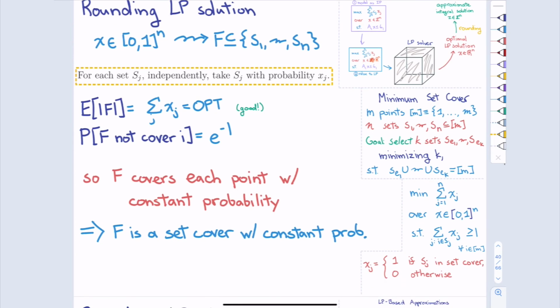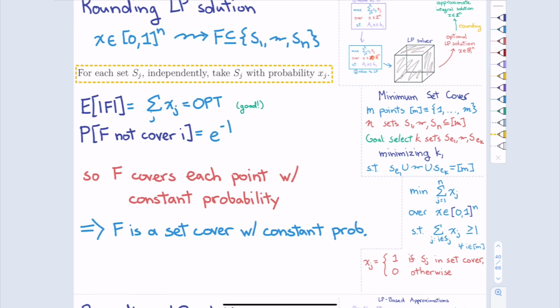All right, so, okay, what did we show? I guess we showed that we have very good objective value, and we cover each point with constant probability. So now we have a set cover with constant probability, right? No, that was a trap. That's wrong. Just because any particular point i is covered with constant probability does not mean we cover all the points with any significant probability at all.